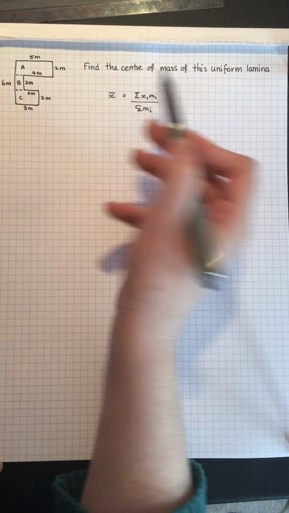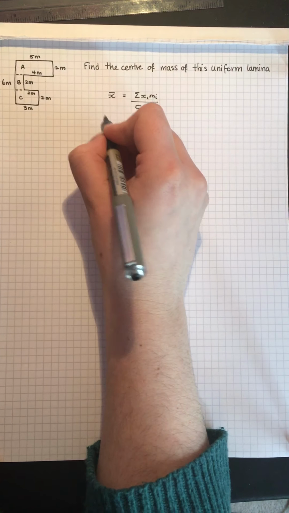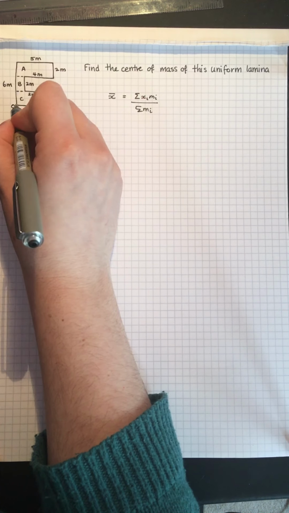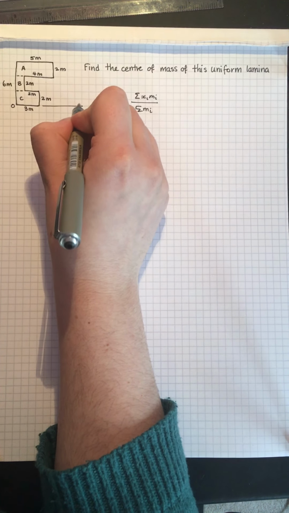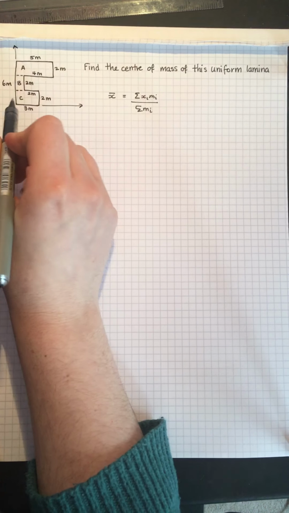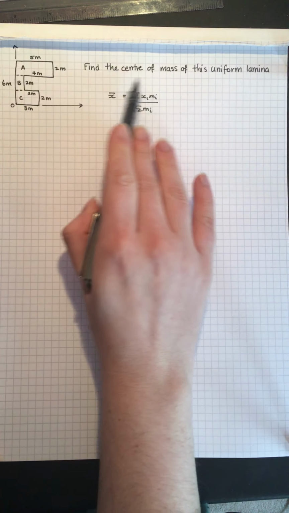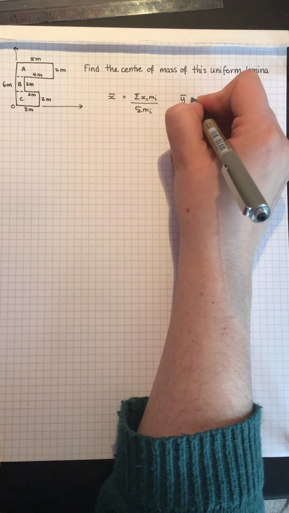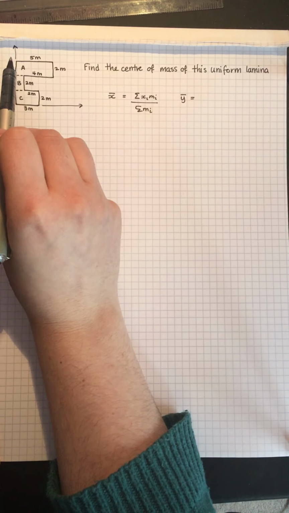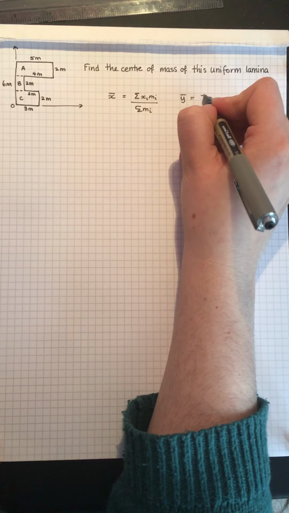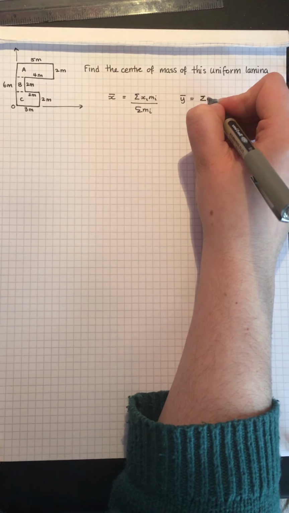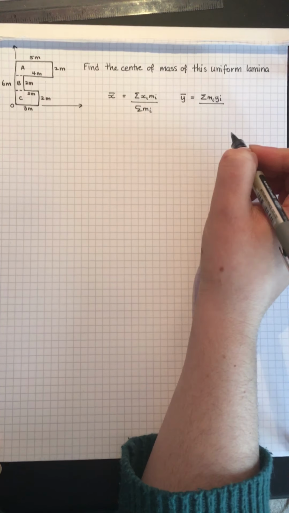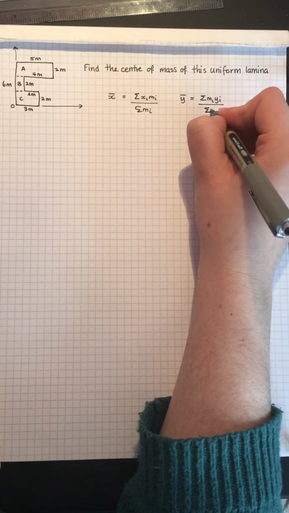If we imagine this on a coordinate grid, where that's the origin, this is our x-axis, and this is our y-axis, we would be able to find horizontally where the centre of mass is using this, and we can find vertically where it is using exactly the same thing. So the vertical distance from the origin is going to be equal to the sum of each individual mass times its vertical distance from the origin, divided by the total mass.